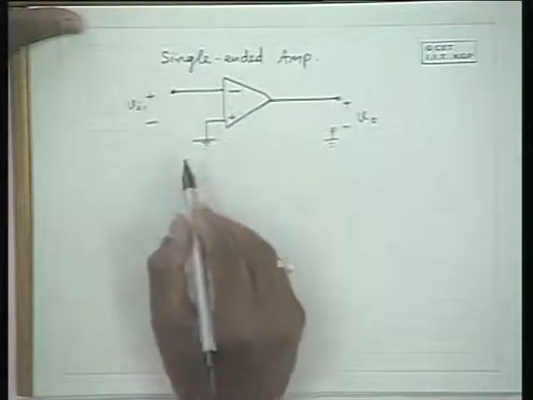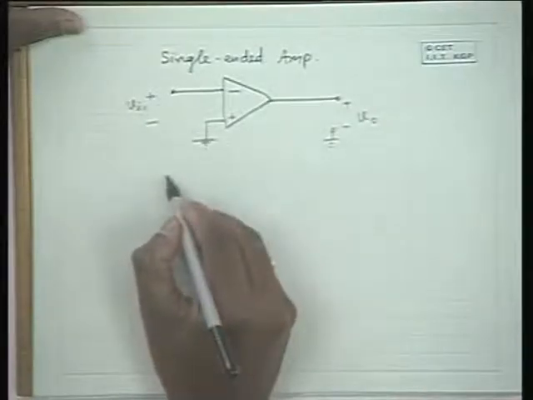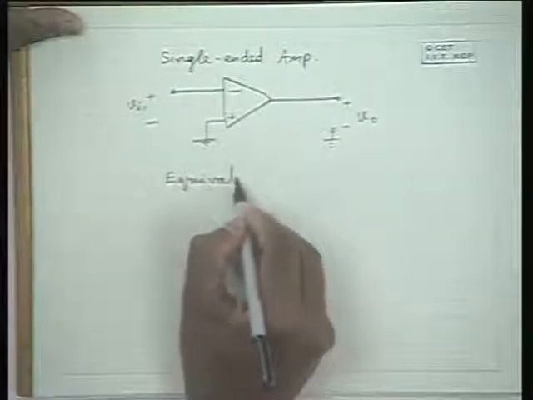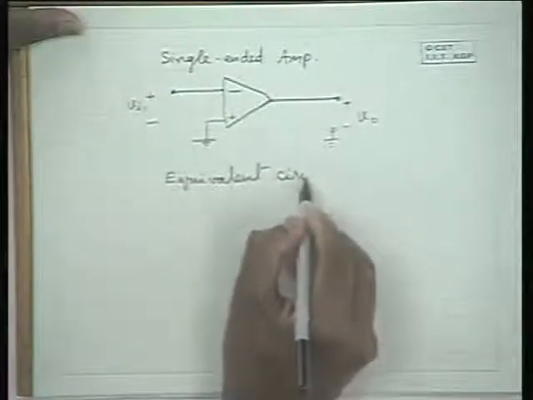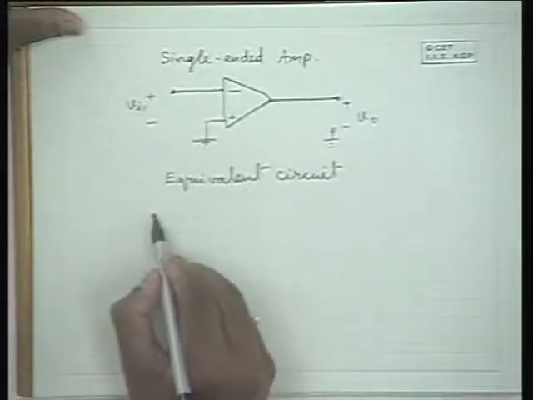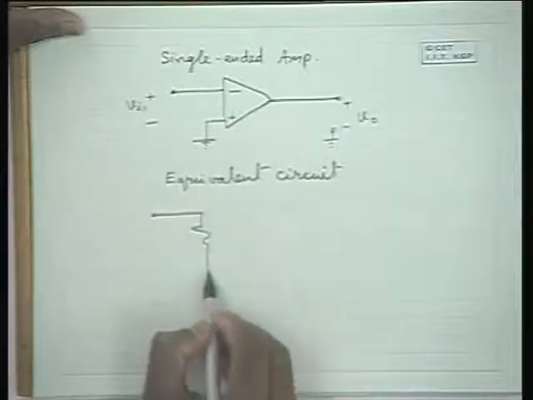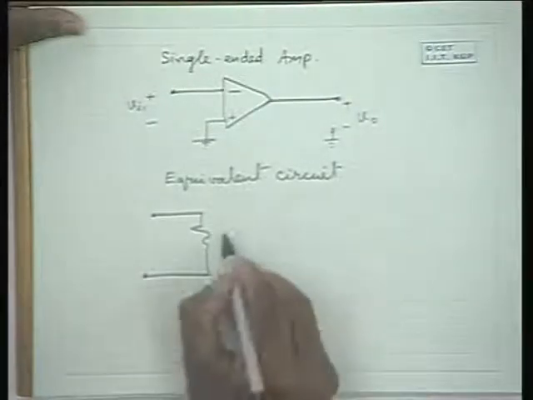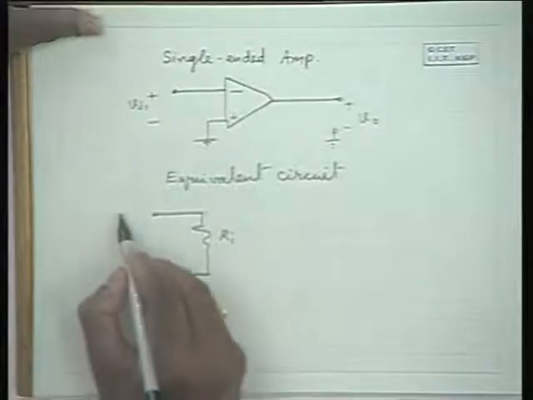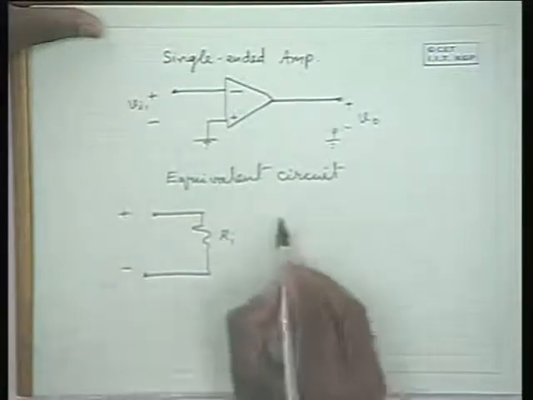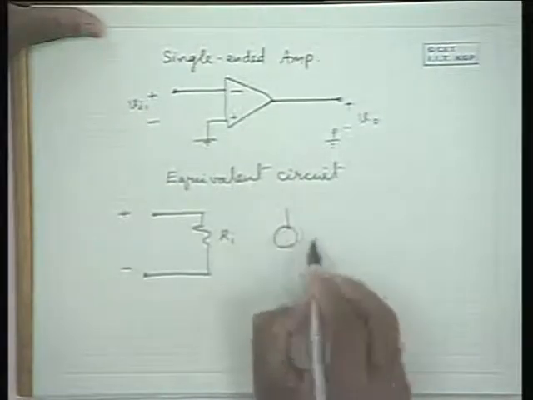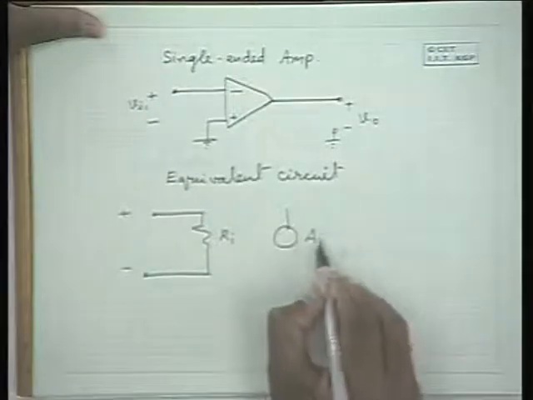Now, for analytical purposes, the equivalent circuit is as follows. Like any amplifier, between the two differential inputs, it has a differential input resistance Ri, and it amplifies the signal with a high voltage gain.